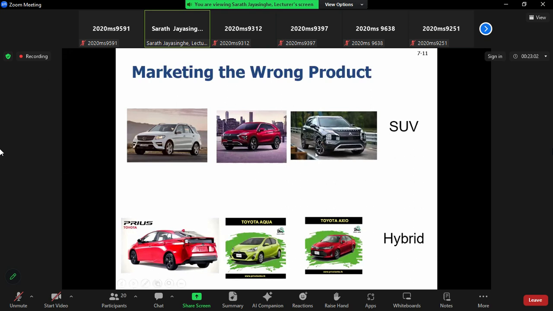So if these kinds of companies issue a hybrid car, people don't have to think about it, because they know the popular brands and popular categories. This is Toyota Axio, and this Prius is also from Toyota. There are many other cars too, like the Honda Fit, right? There are many cars.